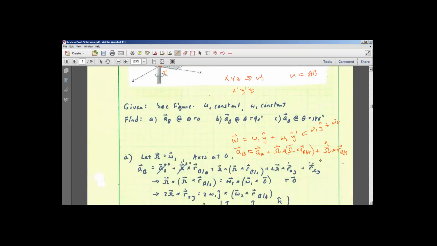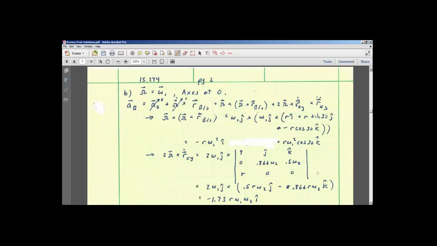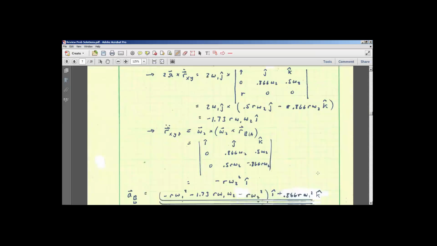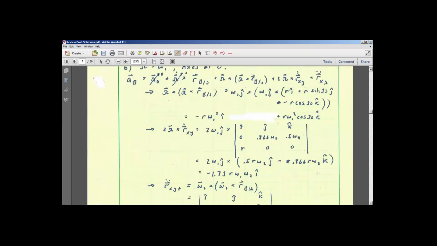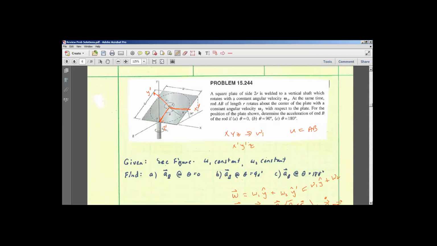So if you look at how she decided to go through and, oh, she might have done it all in the prime one instead of doing it in the, and then converted to XYZ.